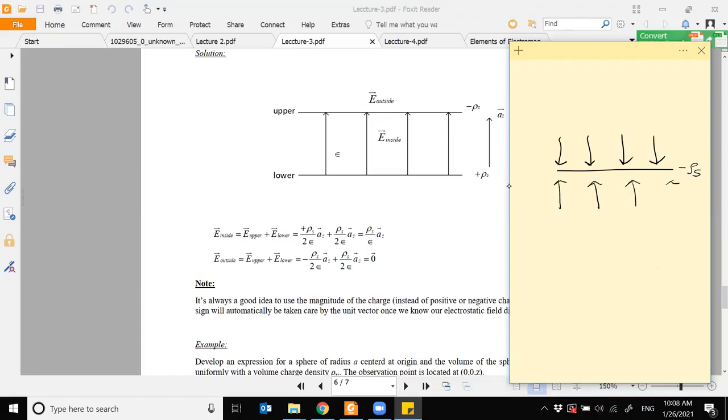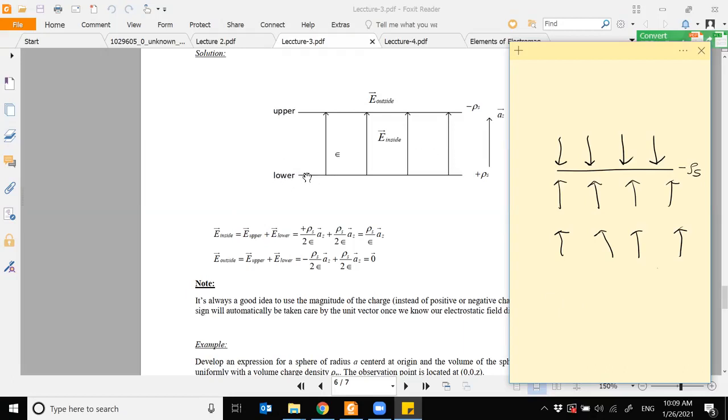And its value is rho s over 2 epsilon. Maybe for the values, we will look at it later.